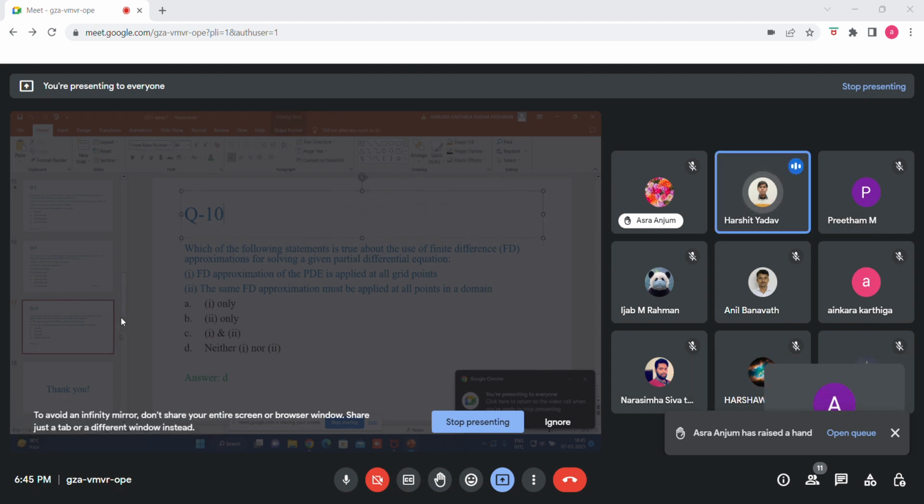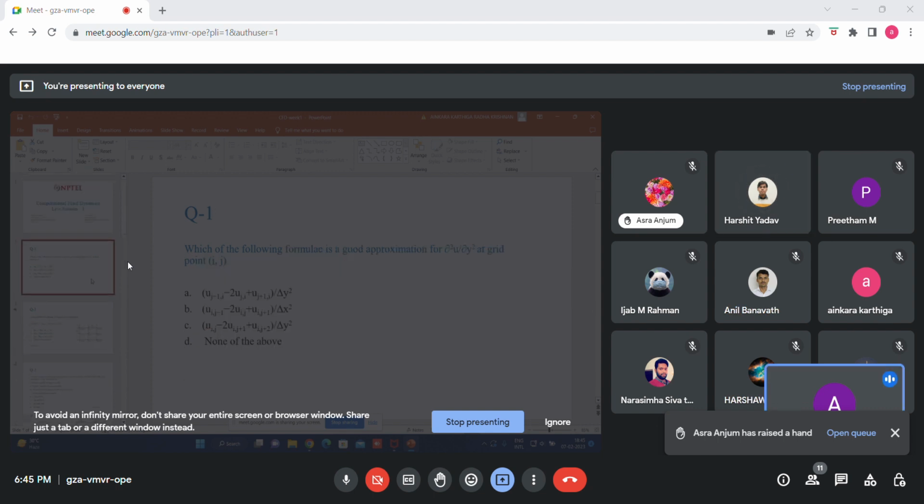Ma'am, I have one doubt. Regarding the first question, can you explain this question please? In this question, we have the second derivative of u with respect to y squared at grid points.